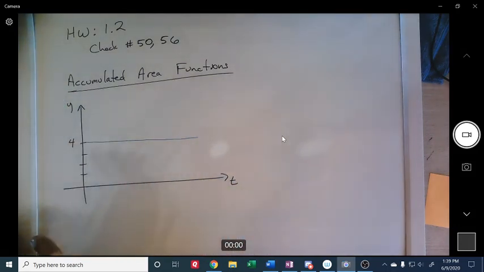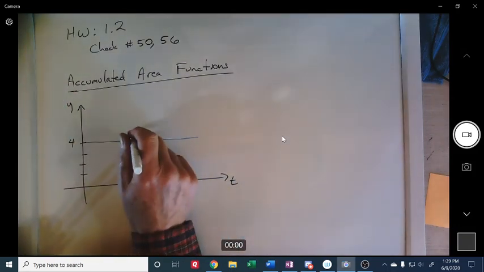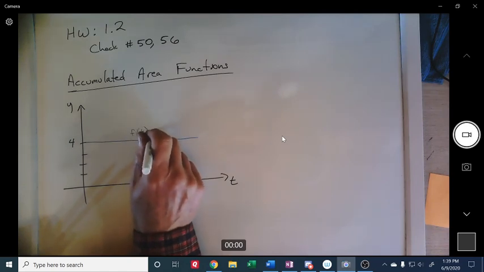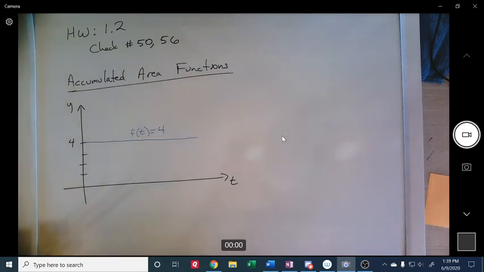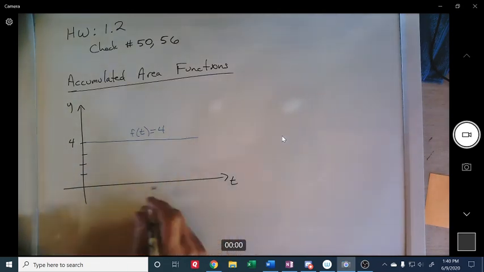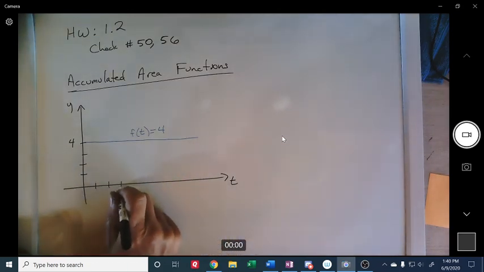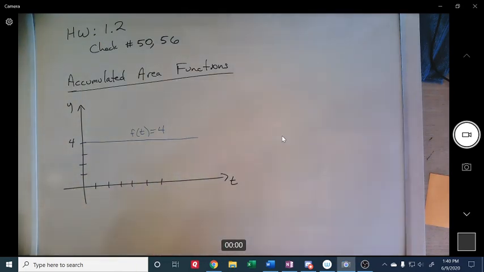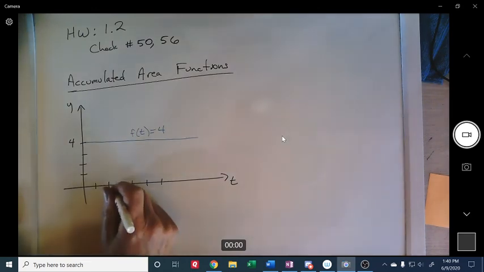T and y. And this function is f of t is equal to 4. Now, my x is going to move somewhere along here. The x might be here.